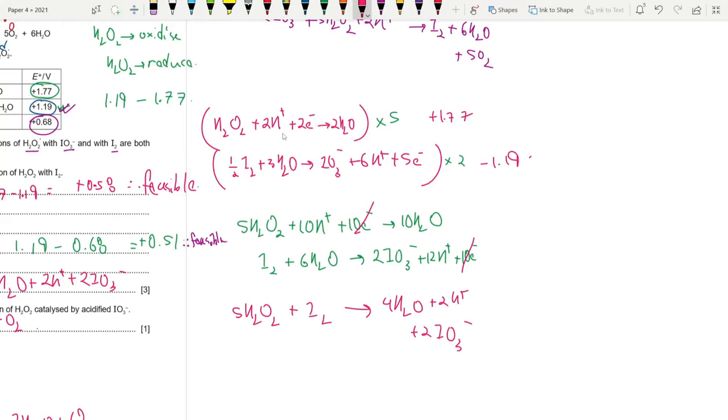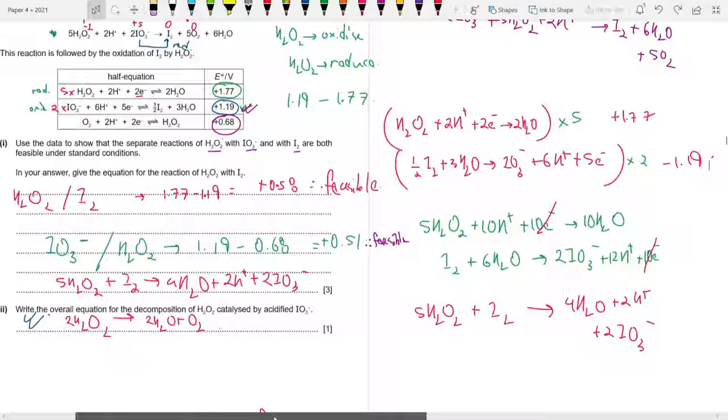Now look at this. I'm not using the water over here. Why? Because you have 10 water here, 6 water here. So 10 minus 6 is 4. Similarly, you have 12H plus here and 10H plus here. 12 minus 10 is 2. 2H plus and 4H2O on the right hand side and 2IO3 minus. That's your equation for the oxidation of iodine by using hydrogen peroxide, by reducing hydrogen peroxide.